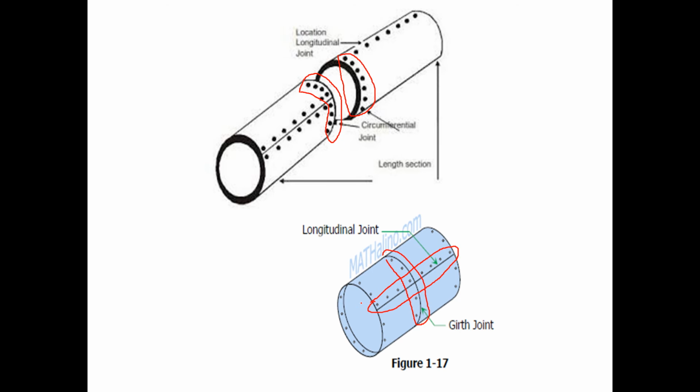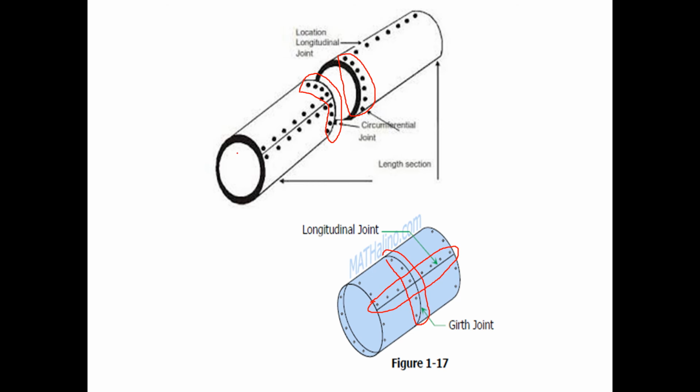Is it clear? With the help of the longitudinal butt joint, we can get the diameter of the boiler shell, and by the use of the circumferential lap joint, we can get the length of the boiler shell.